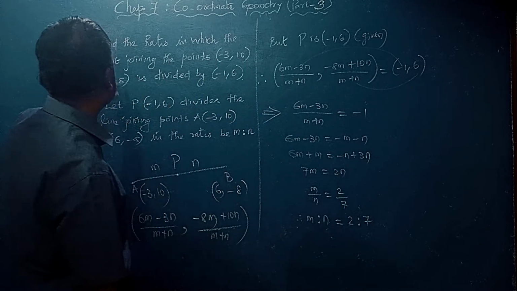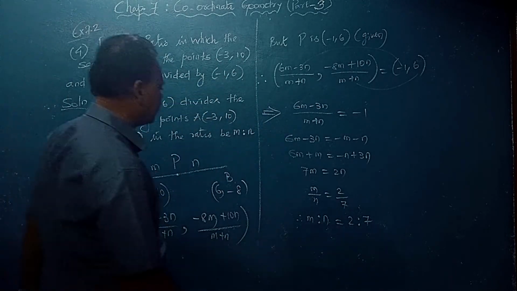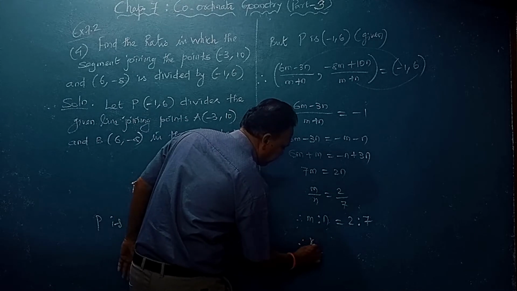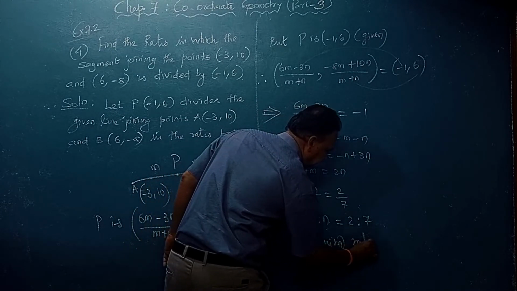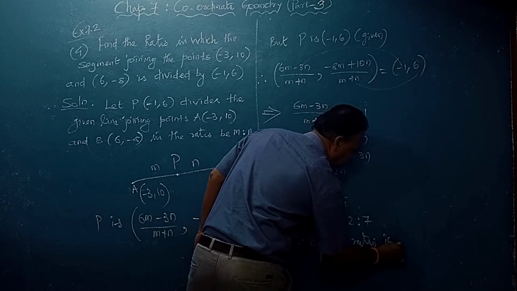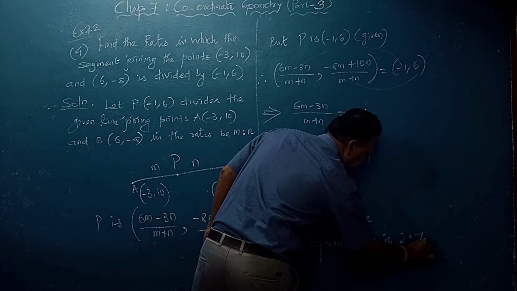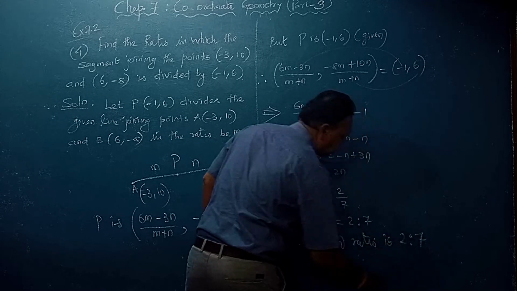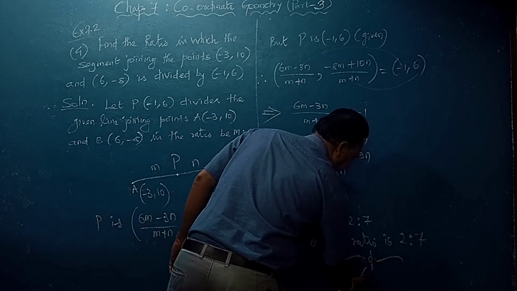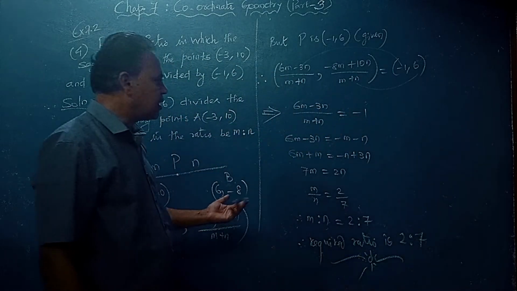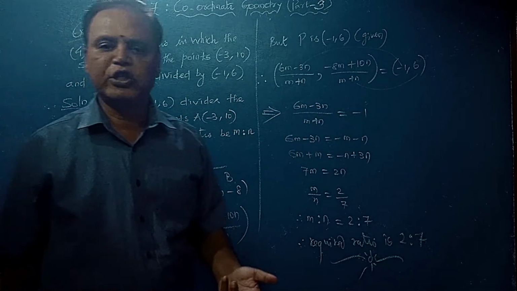Here they asked to find the ratio, that's all. Therefore the required ratio is 2 is to 7. Understand? So easily we can find the ratio.